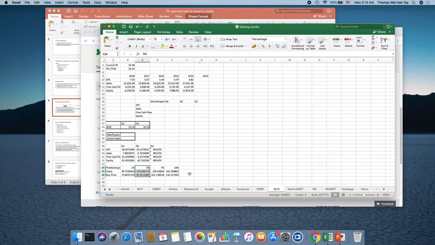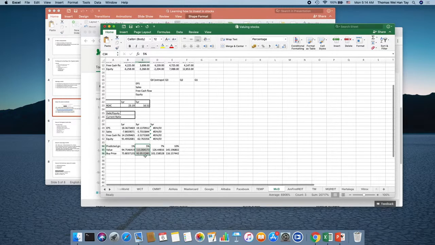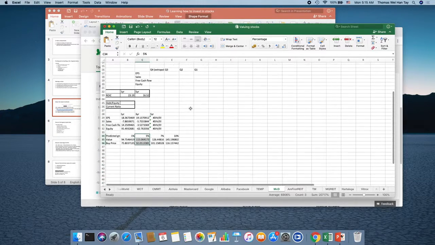And their fried chicken is quite good as well. So I'm gonna estimate about 5% growth. That's just a random number that I put based on my gut feelings. So it's a lot of guesswork when you're doing this kind of valuing.